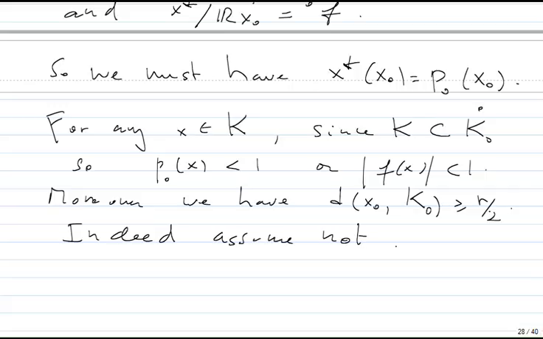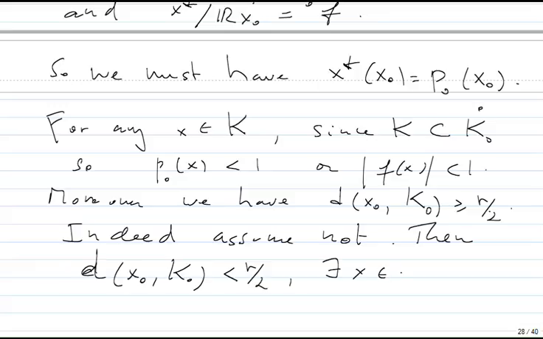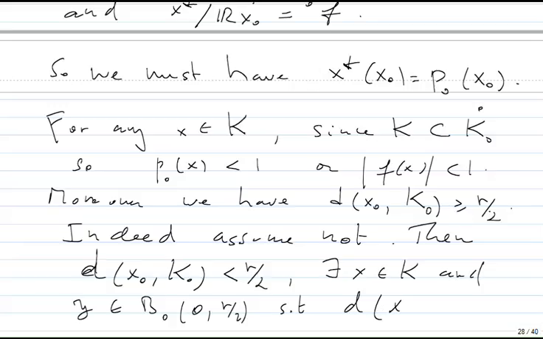Then the distance from x0 to K0 will be less than r/2, and in this case there exist x in K and y in the open ball of radius r/2 such that the norm of x0 minus x minus y is less than r over 2.